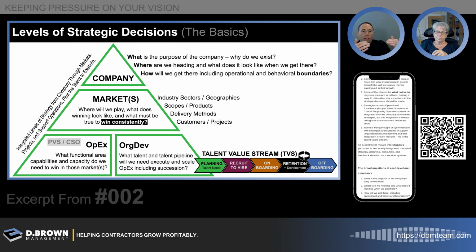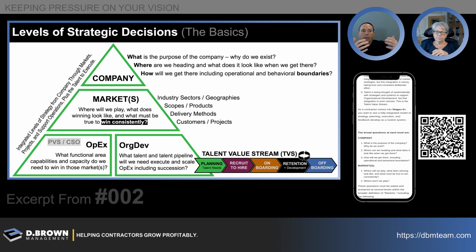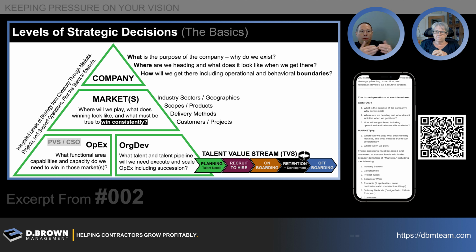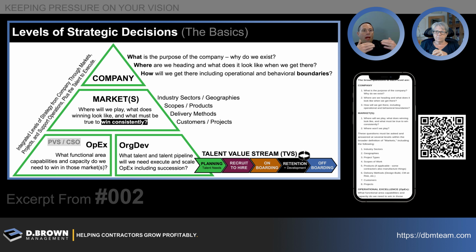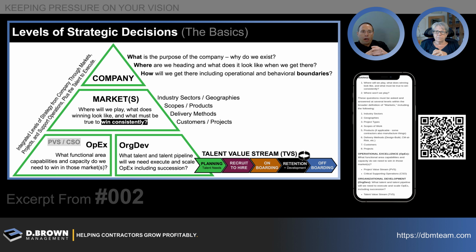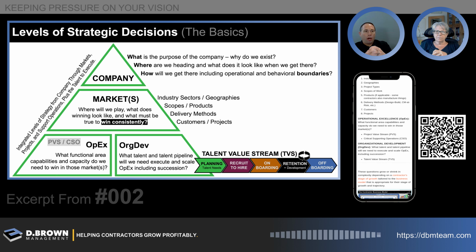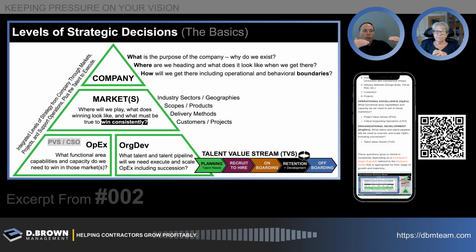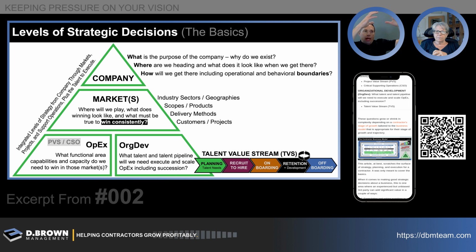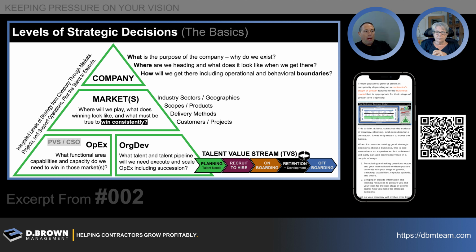Some contractors align strategies around different delivery methods, like they will only use integrated project delivery, or CM at risk, or design build. And then what's our strategy around particular customers, and even around particular projects as you get into larger, more complex projects. Those strategies at what we call the market level all have to integrate with the company's overall strategy, including the operational boundaries.